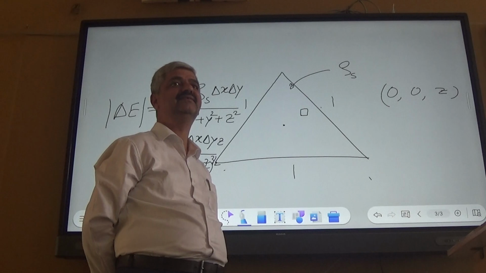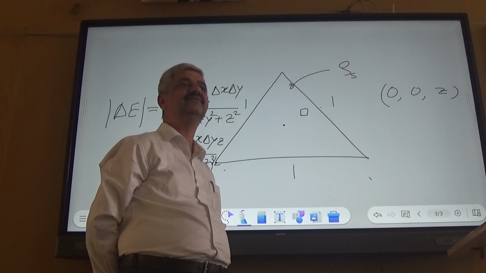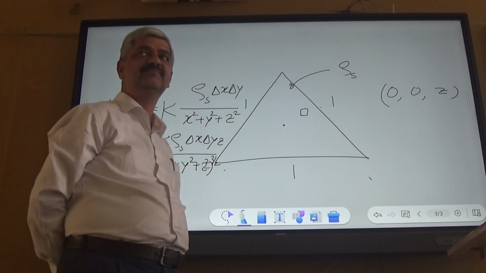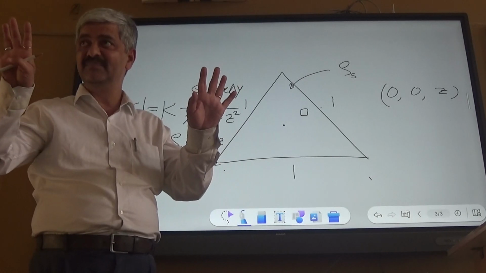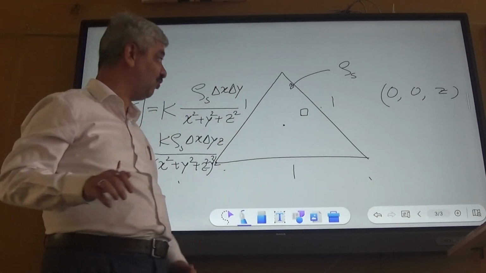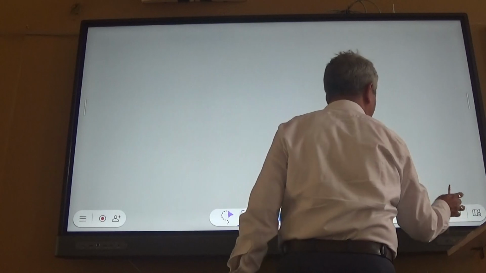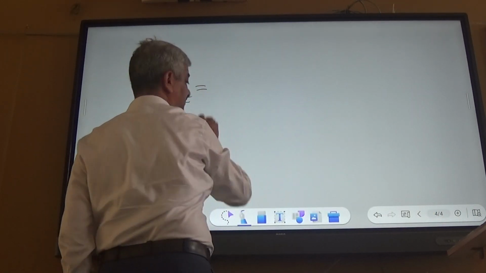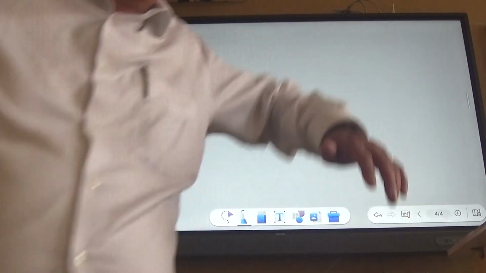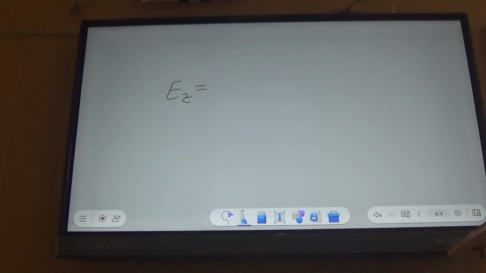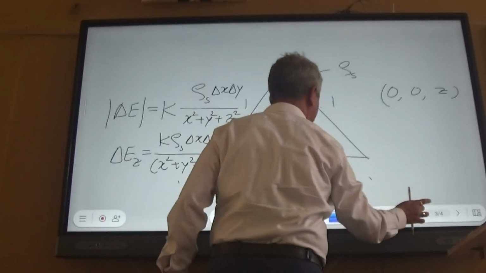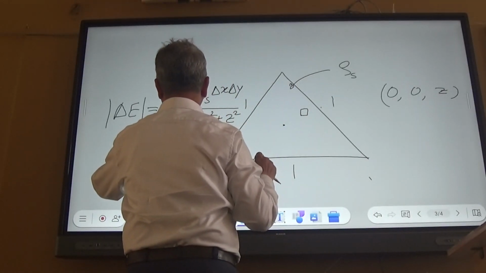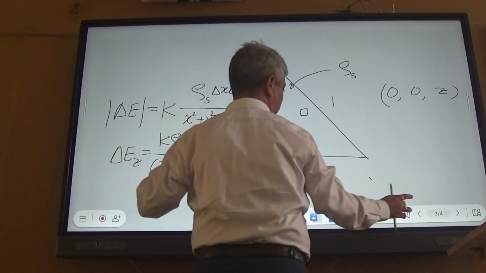Write the equations of those lines. Is the question clear? How will you put the limits? So what would be Ez? Ez would be an integration, and this k rho s will come out.